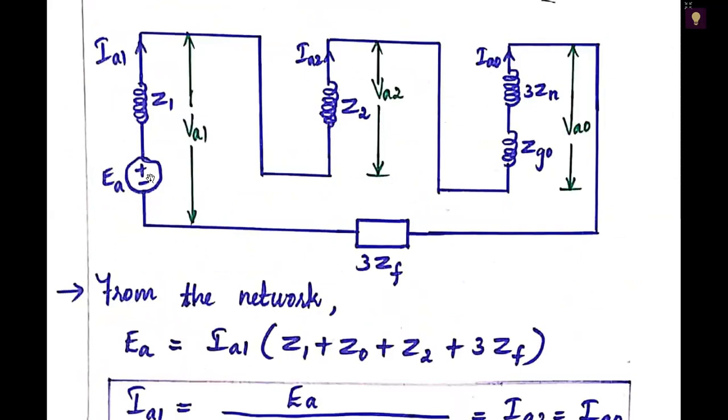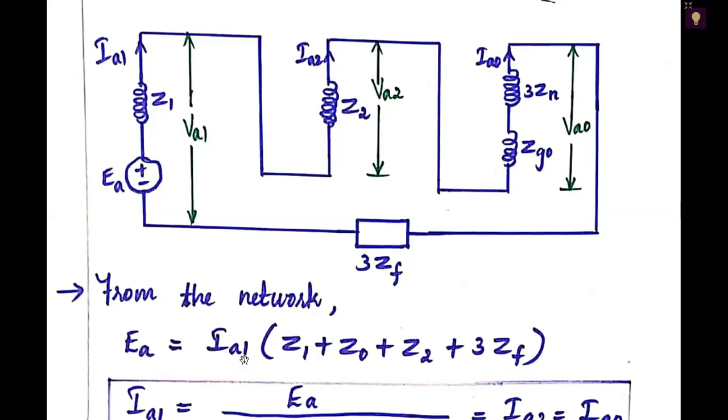Now from this combined network, we can write the induced EMF EA as the summation of drops across all the available impedances: IA1 Z1 plus IA1 Z2 plus IA1 Z0 plus IA1 into 3ZF, because IA2 and IA0 are also equal to IA1. The same current IA1 flows through the series circuit.